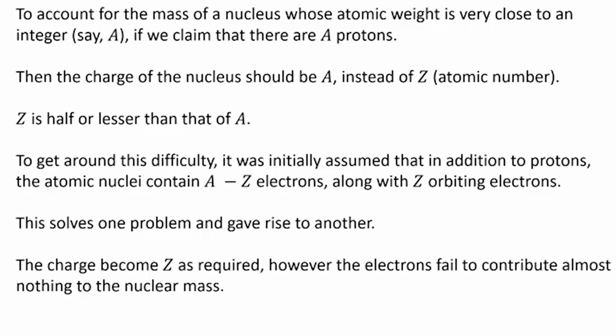So it should entirely come from the proton mass, which is certainly not enough to account for the large mass of these nuclei seen through the Rutherford experiment and otherwise, because the electron's mass is 2000 times less than that of the proton.